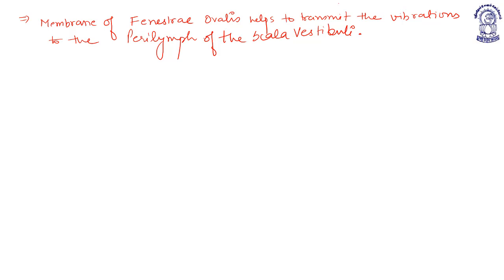From the scala vestibuli, they move via Reissner's membrane to the endolymph in the scala media.